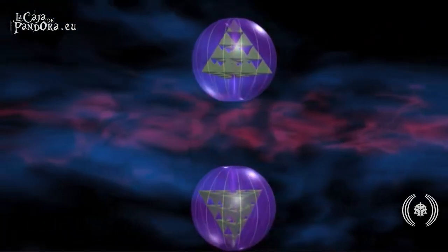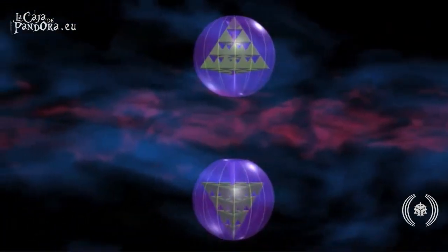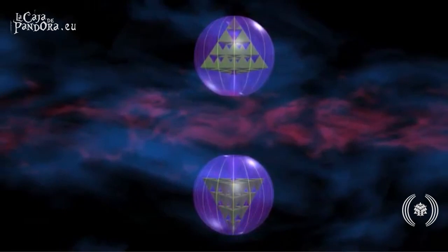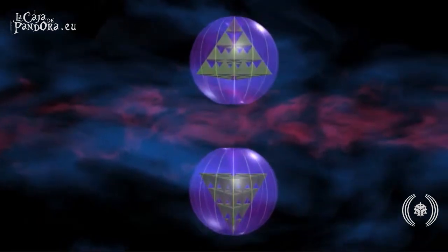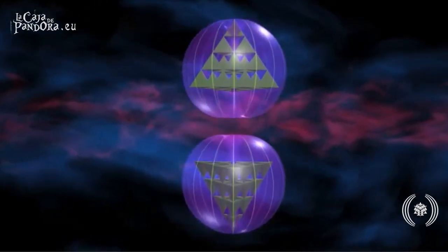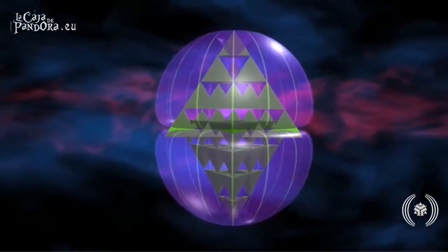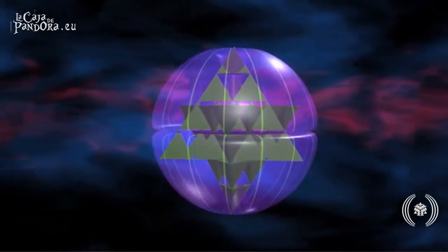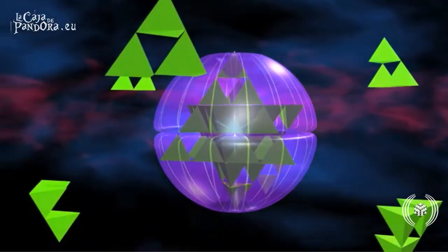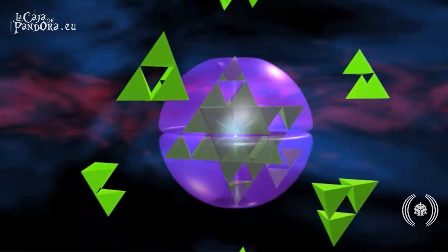But here you're going to see the linear geometry of the structure of the vacuum come together to produce the double torus. You see, when they come together, each one producing a torus, now you have the double torus. Here's the 24 other tetrahedrons.